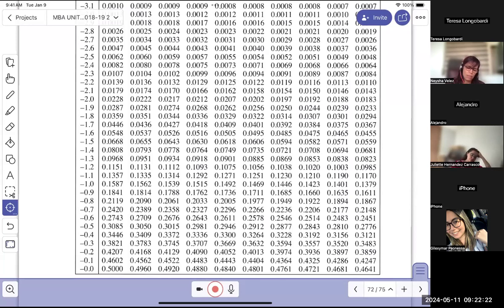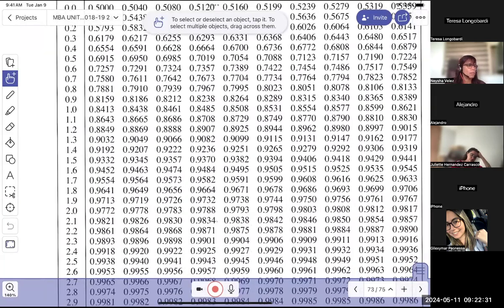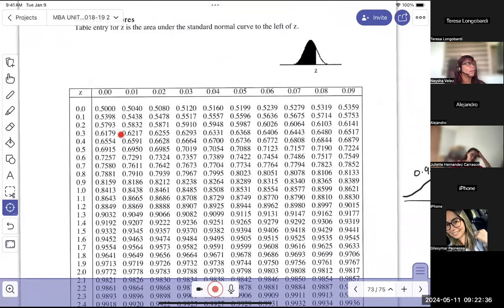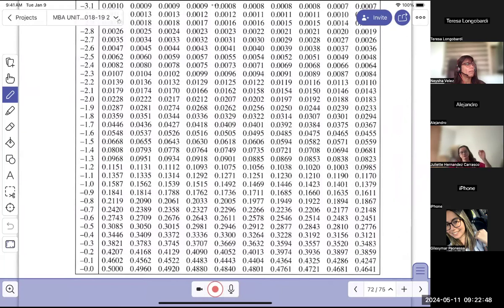And then on the positive side, to do the between, there's a couple ways you can do this because it's symmetric. So that's for the negative, and for the positive, 0.25. Well, that's at the top. So over here, 0.5987. And then you subtract them.